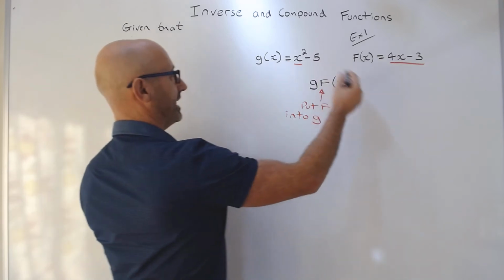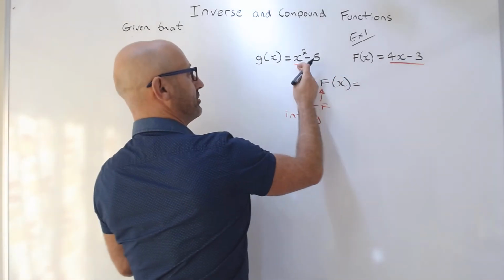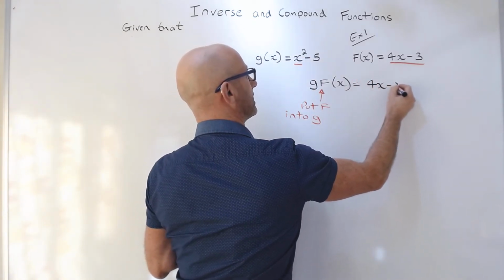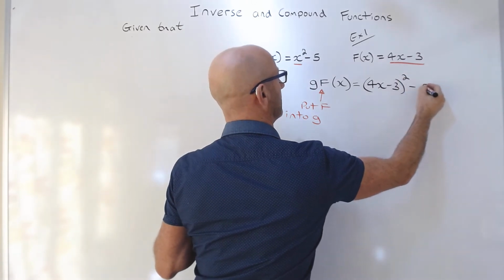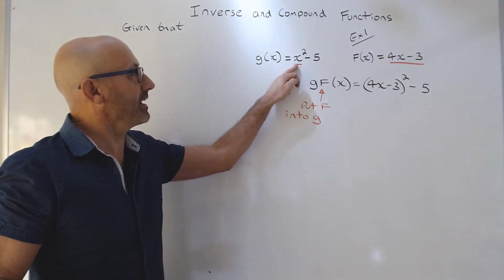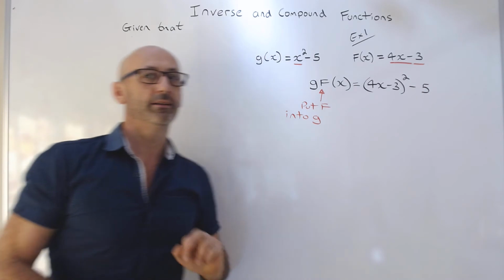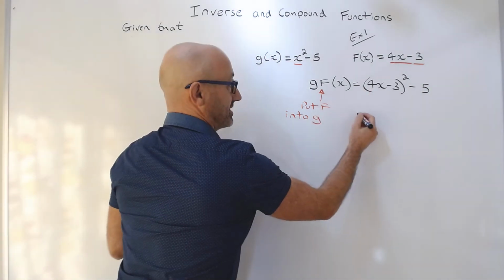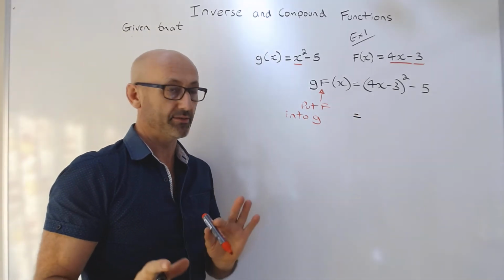So you'll see what I mean here, Nina, in that you're going to replace the x by 4x take 3 take 5. So instead of writing x down, we wrote 4x take 3. Okay. This is an answer, but it needs simplifying.